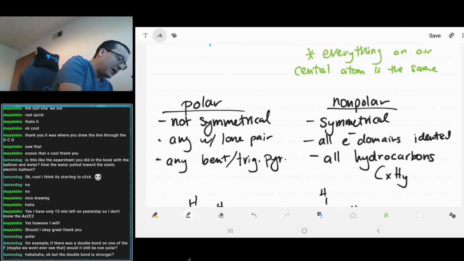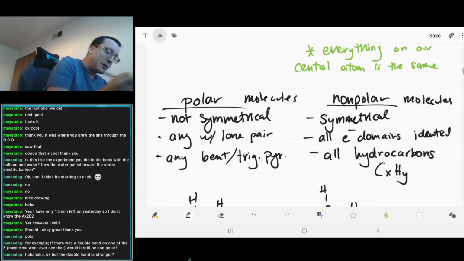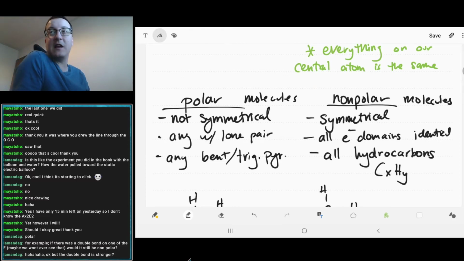So these are for molecules. Remember, polar bonds can be in both of these, right? Carbon dioxide was definitely a polar bond. It had polar bonds, but because it's symmetrical overall, the molecule is nonpolar.